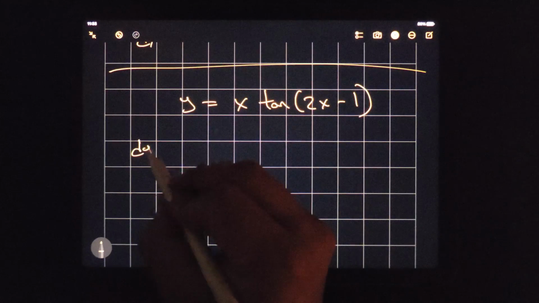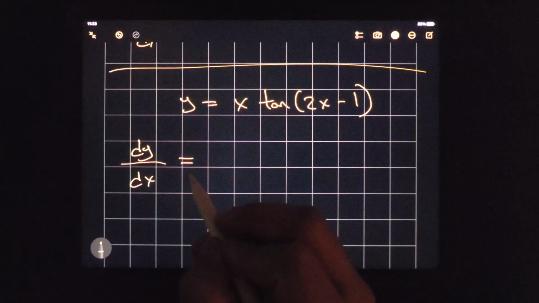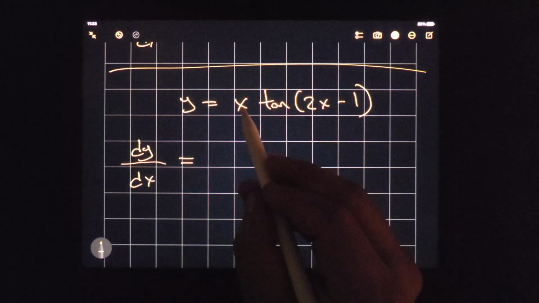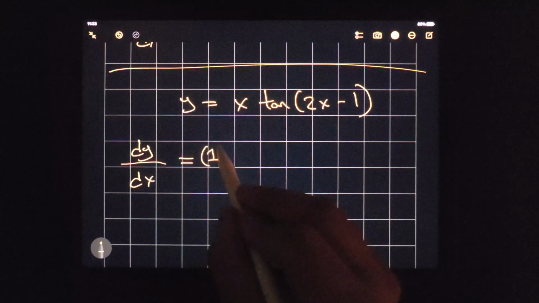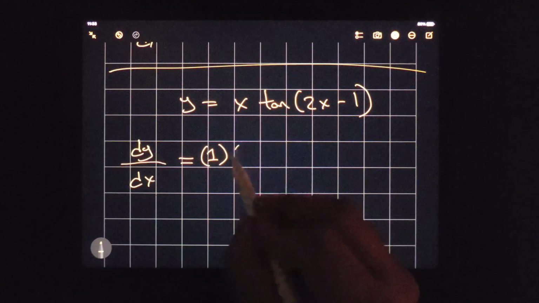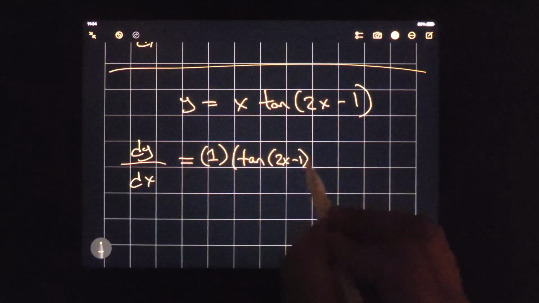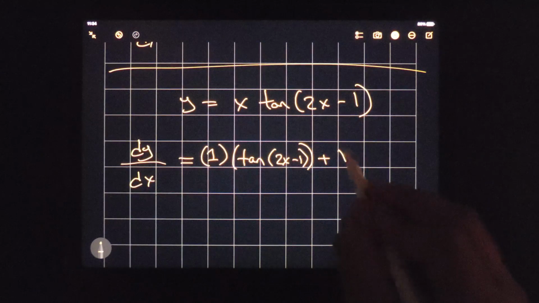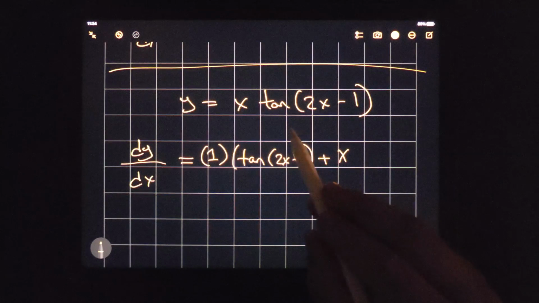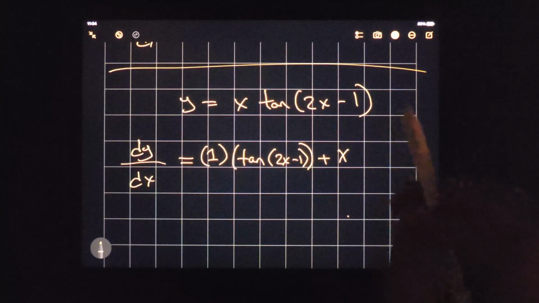So let's do dy over dx, and let's do the derivative of the first value, which is 1, times tan of 2x minus 1, plus the x times the derivative of tan x over this entire function.